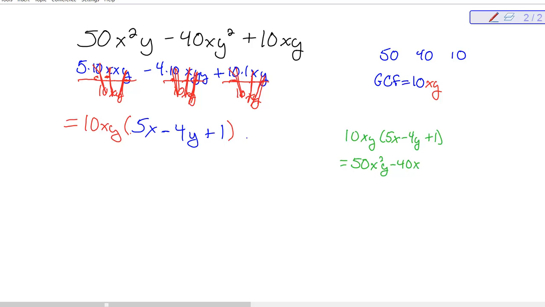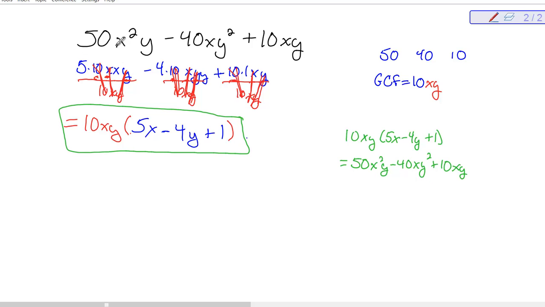I have an x, and then y times y gives me y squared. And then 10 times 1 gives me a positive 10, and then I have an xy. So I did end up with what I started with if I multiplied it back together. So this is my factored form. So we have factored out our greatest common factor.